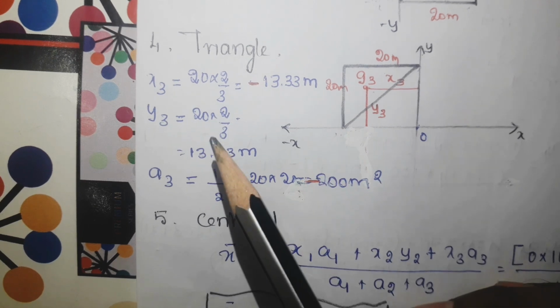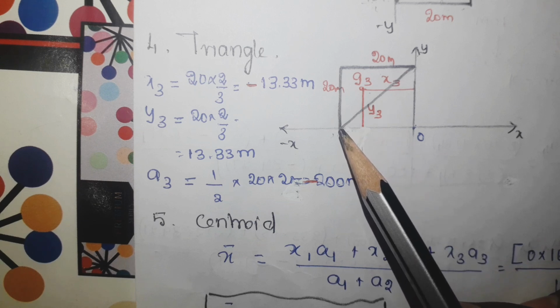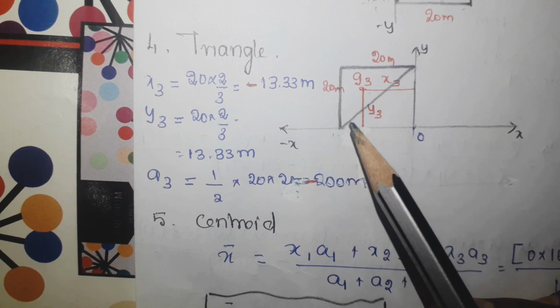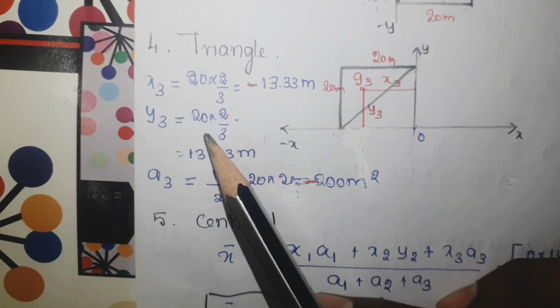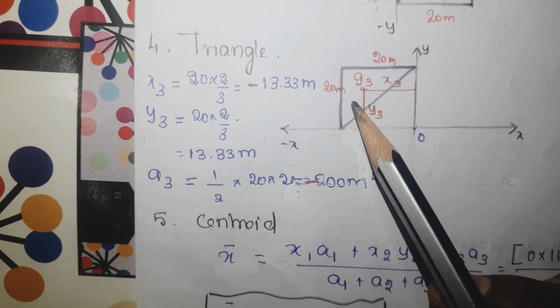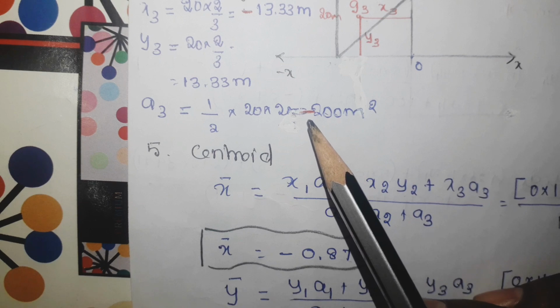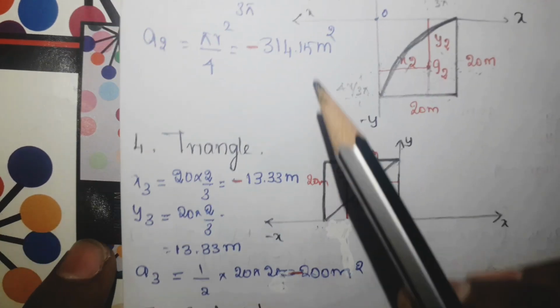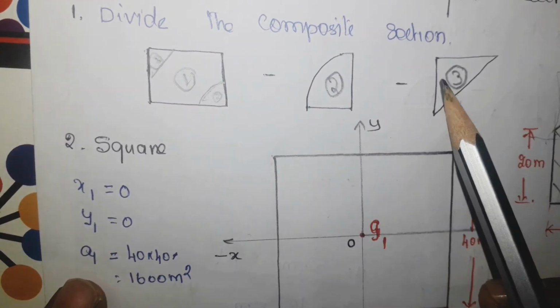Similarly, for finding y3, again this point end is touching the x-axis, so 2 into 20 by 3, so this is the answer. Here y is positive because it is in the second quadrant. And A3 is equal to half b h. Here I have put minus because I am going to subtract the triangle area.